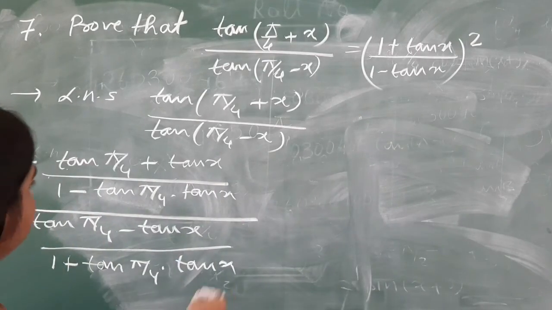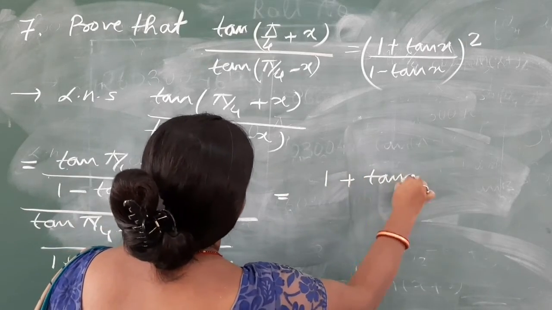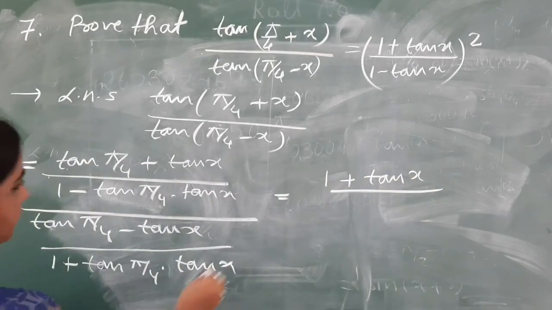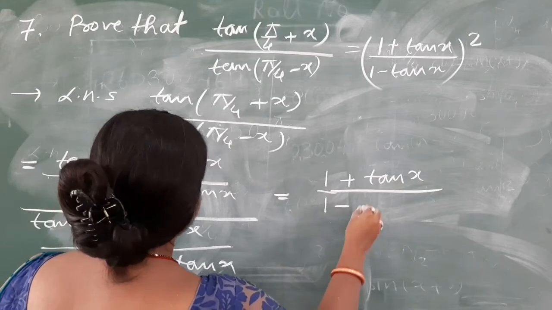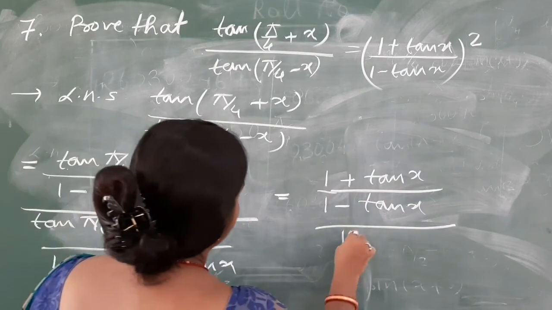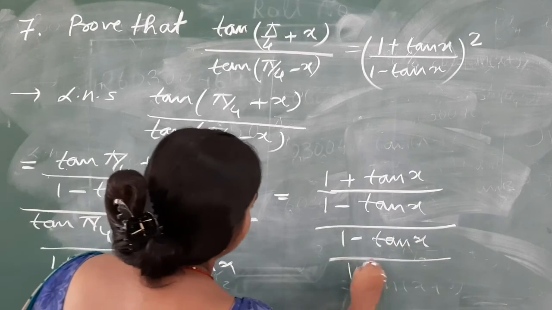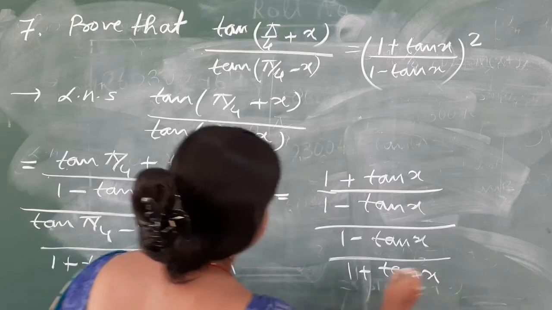So 1 plus tan x, tan pi by 4 is 1. 1 minus tan x by 1 minus tan x by 1 plus tan x.